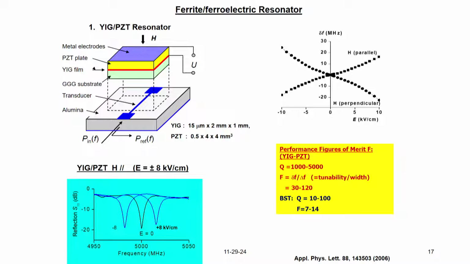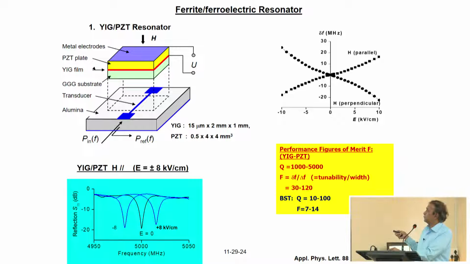So, in this case, the PZT platelet is 0.5 millimeter thick. To create a field of about 10 kilovolt per centimeter, you have to use about 500 volts. Okay, that's pretty high, but it can be done. There may be difficulty applying that kind of voltage in a practical device. So, the only option is to decrease the thickness of the PZT.